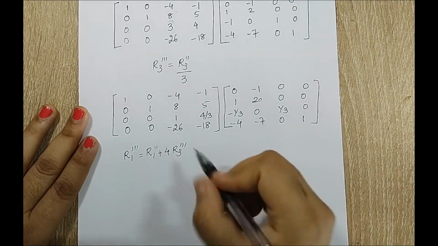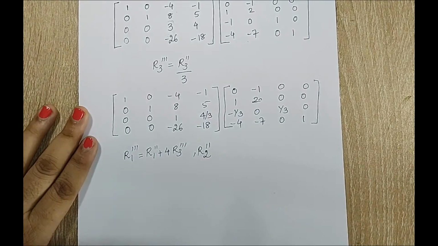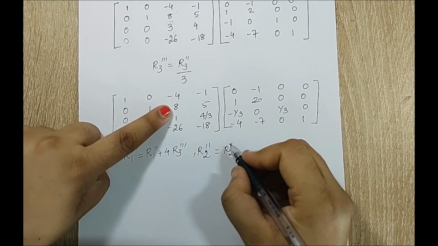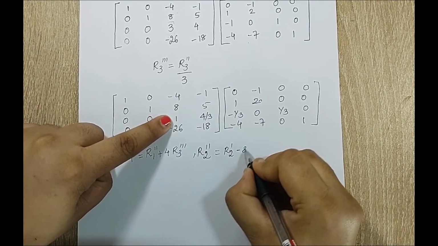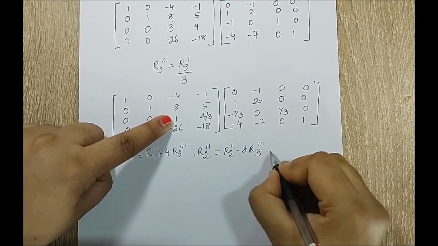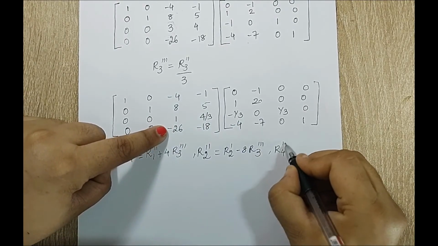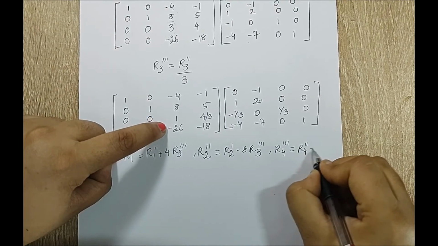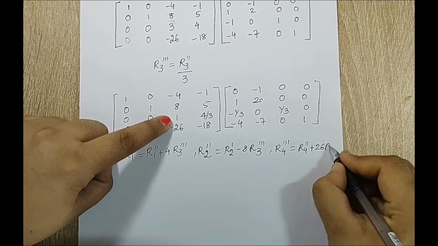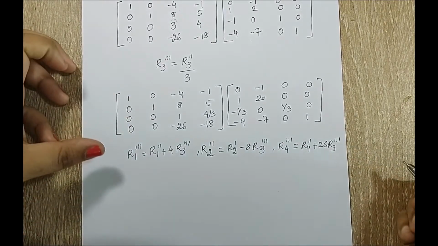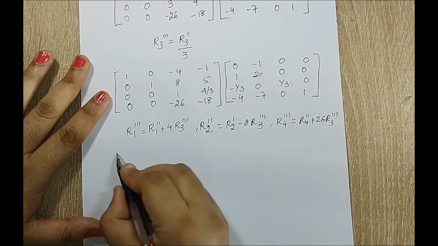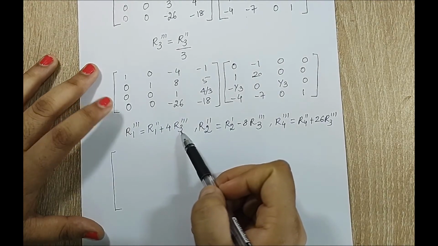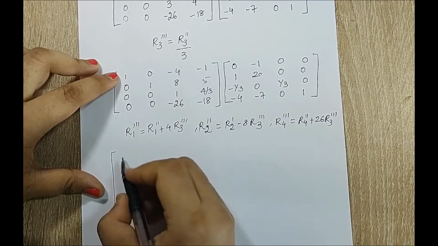Next, I'll work towards this, which will be R2''' will be R2'' minus 8 times R3''', and last, R4''' will be R4'' plus 26 times R3'''. So let's calculate now. I'll just add 4 times R3''' to this value, which is still going to be 1.